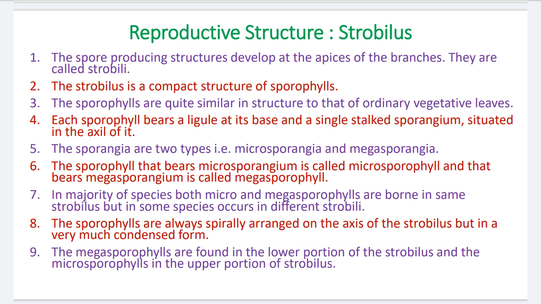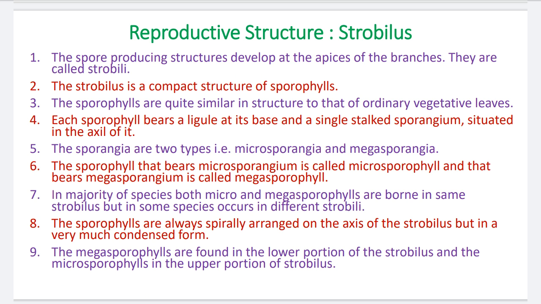Number 4, each sporophyll bears a ligule at the base. One outgrowth is also present at the base of the sporophyll, that is the ligule, and a single stalked sporangium is situated in the axil of it.